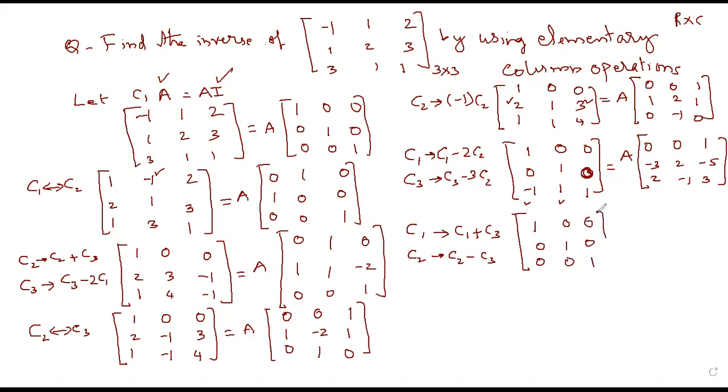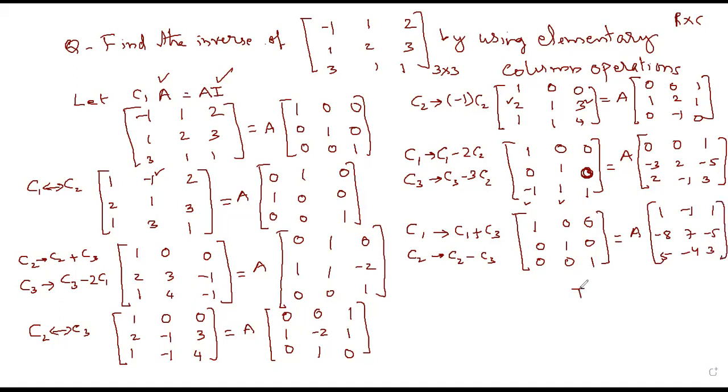We got I on the left hand side, and on the right hand side C1 plus C3: 0 plus 1, 1, minus 3 minus 5, minus 8, 2 plus 3, 5. Similarly C2 minus C3: 0 minus 1, minus 1, 2 plus 5, 7, minus 1, minus 3, minus 4, and 1 minus 5, 3.